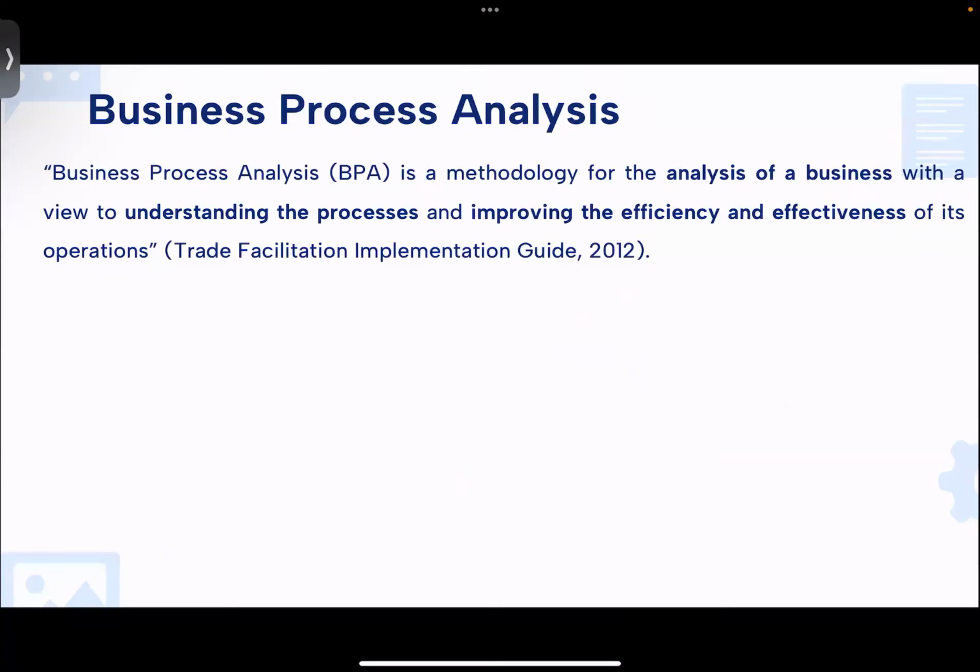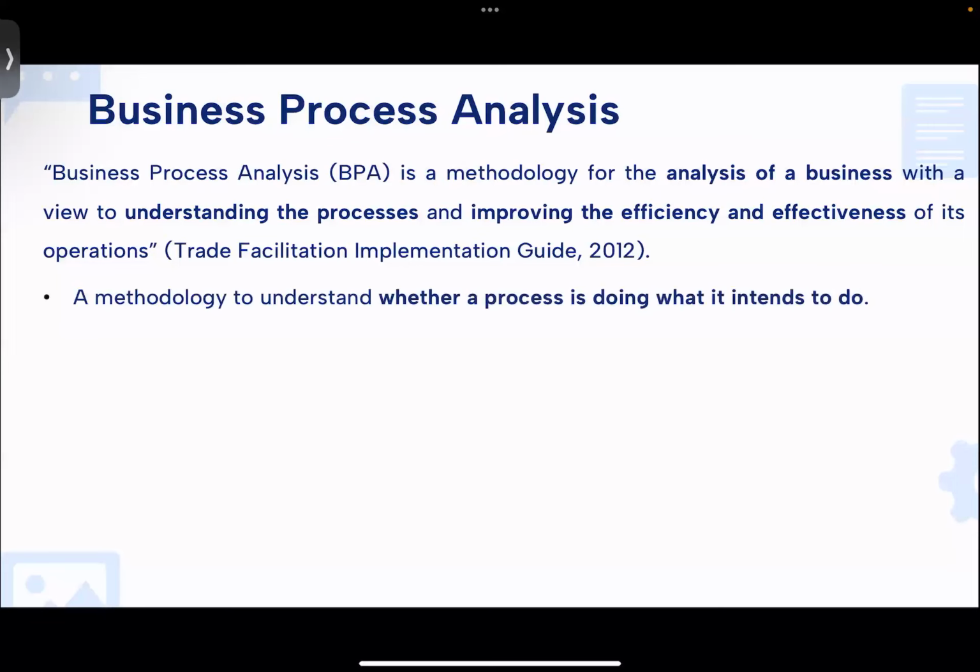Basically you are going to analyze and understand the processes within the organization. After understanding them, you have to improve them or identify bottlenecks. Through improving processes, you improve the efficiency and effectiveness of the operation, so ultimately you can improve the business as well.